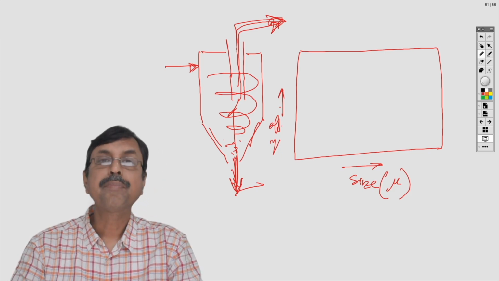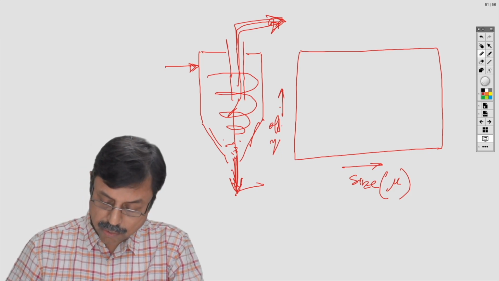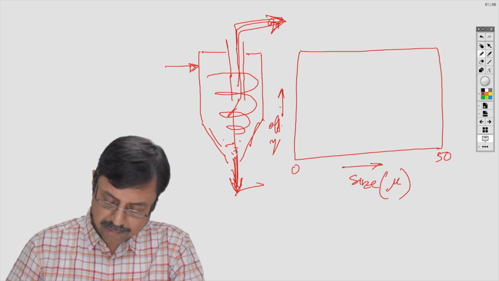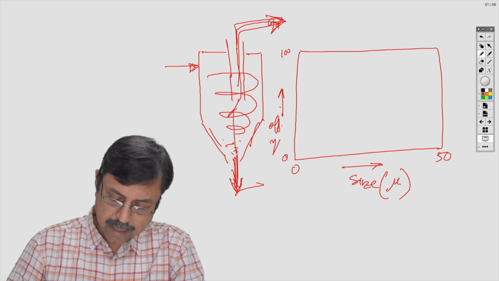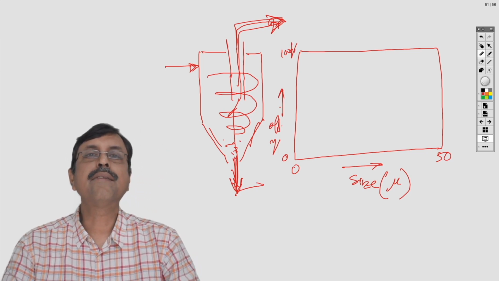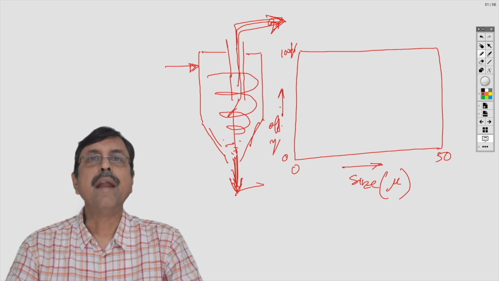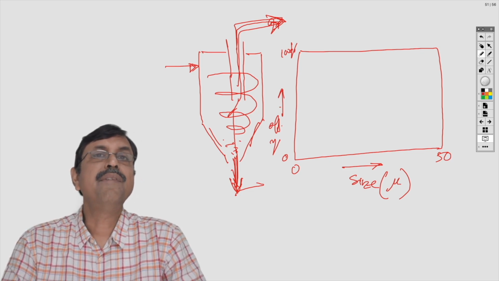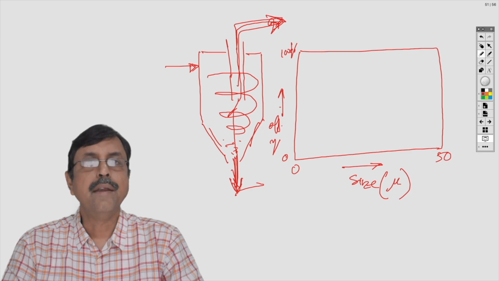Suppose the size range is from 0 to 50 micron and efficiency is from 0 to 100%. In Aspen, we write efficiency from 0 to 1, in fraction. So if it is 0, it is 0. If it is 100%, it will be 1.